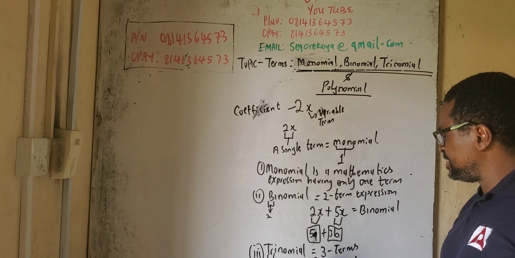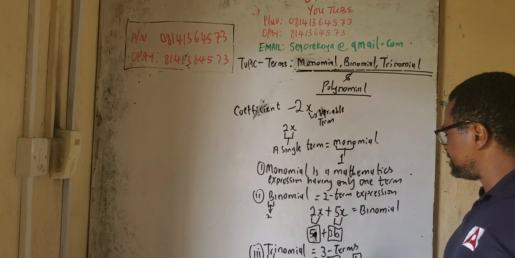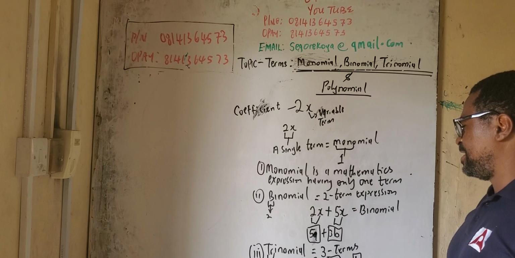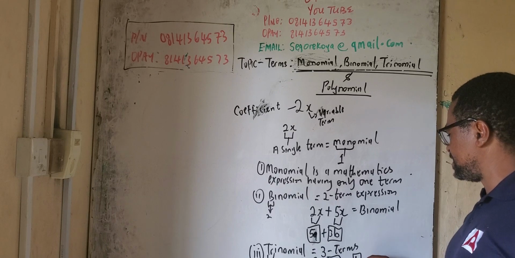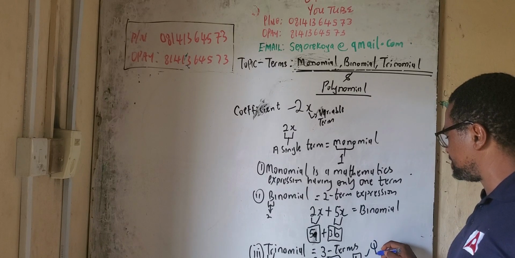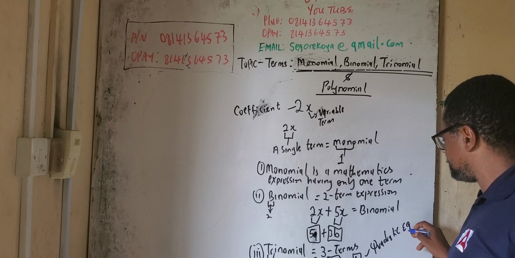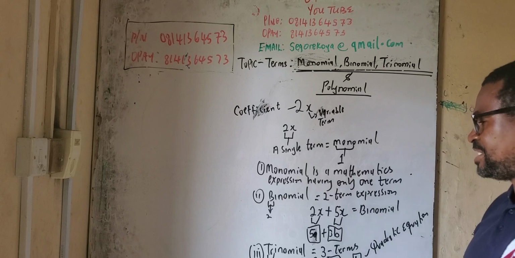This x squared is a term. This 3x is a term. This 1 is another term. So this is more or less a trinomial. An example of a trinomial is the quadratic equation. Quadratic equation is a trinomial because it has 3 terms.